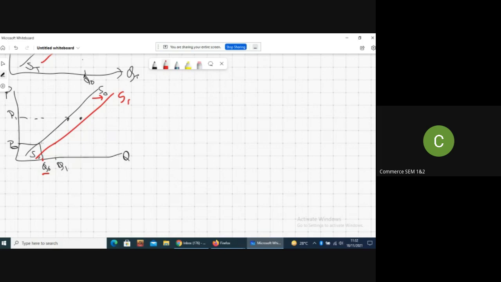This is the minimum price, otherwise the minimum willingness to accept. If the farm does not receive this much price, they will not produce. Now, due to improvement in technology, the cost of production will obviously reduce. So now, say the cost of production is somewhere here, a little lower.